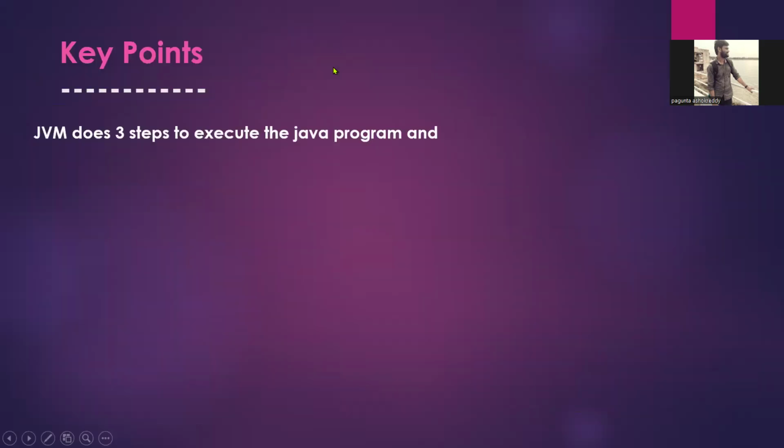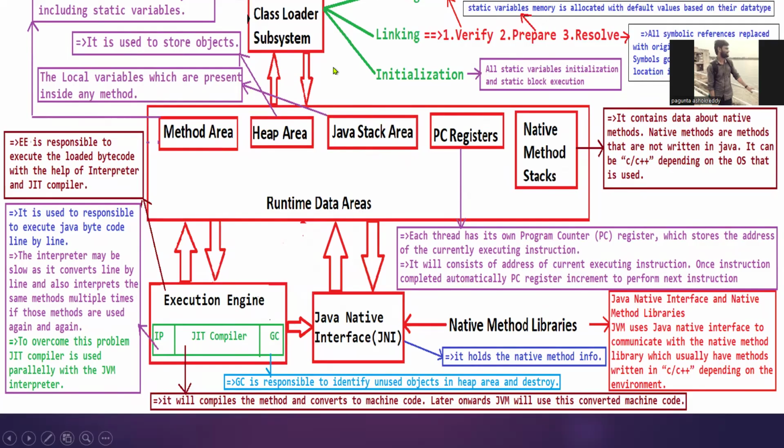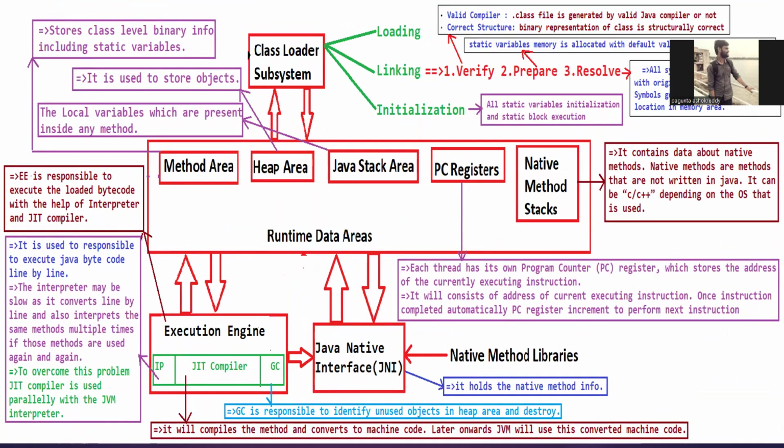Just see, whenever a .class file is loaded into the class loader subsystem, there are three activities: loading, linking, and initialization. Once the class is loaded, it will check whether the .class file is correct, whether the structure and format are valid, and also verify.